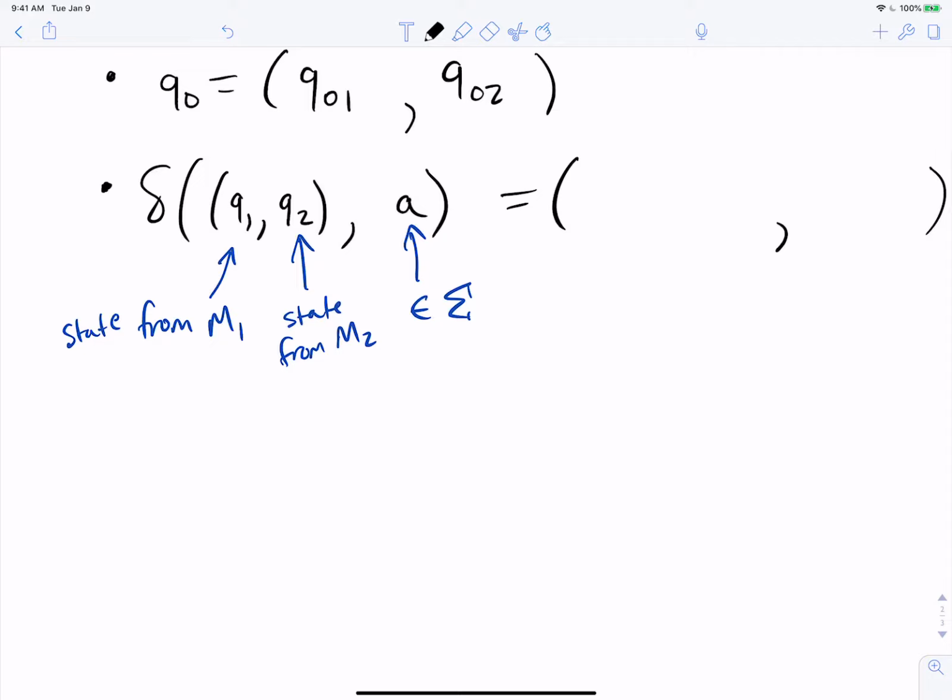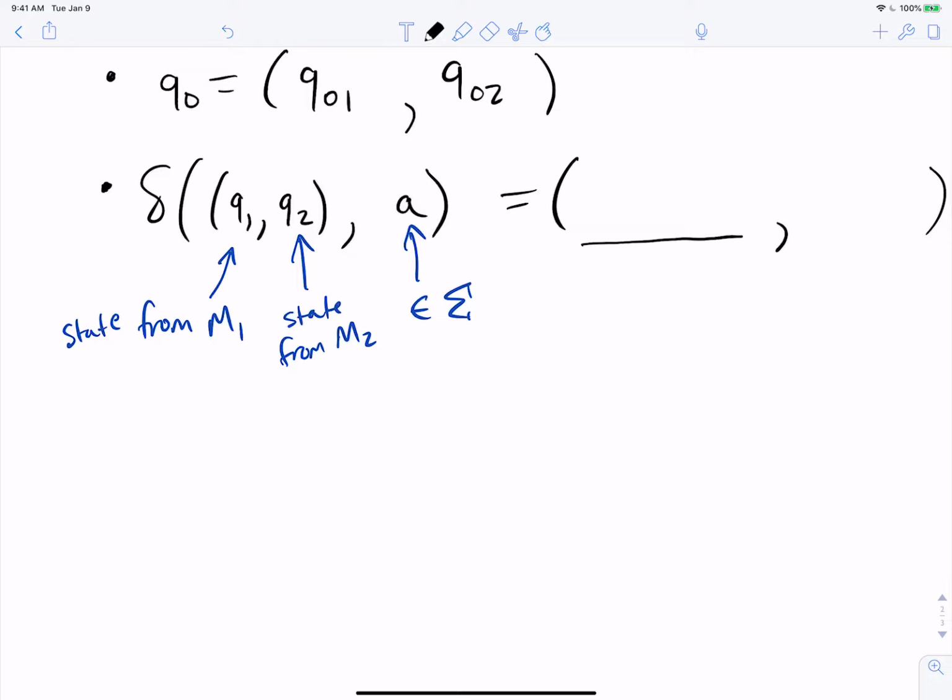Okay, well, let's see. Well, the first coordinate is devoted to which machine? The first machine or the second machine? The first coordinate. The first machine, right. So how do we determine what goes here? So it corresponds to the first machine. Yeah. It's just some Q in Q1. It's some state in the first machine.